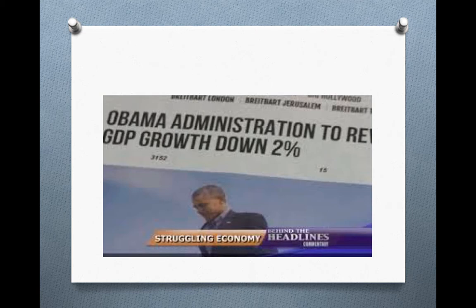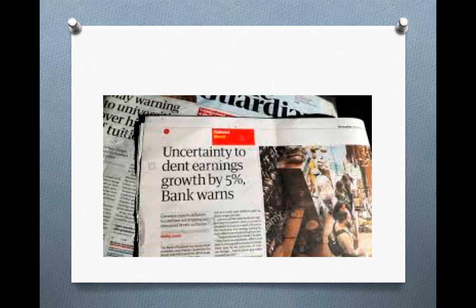No one is being emotional about this. Therefore, this would be considered as a positive statement. Now, this says uncertainty to dent earnings growth by 5%, bank warns. Again, it gives a statistic, it gives a fact where you can test it and try to understand whether this condition is going to be true or false.